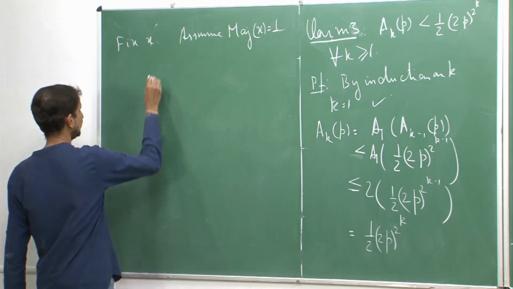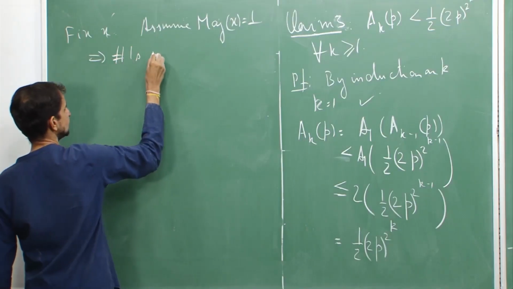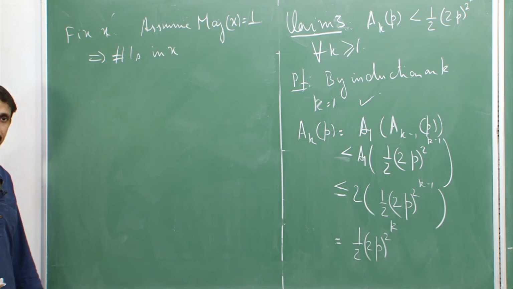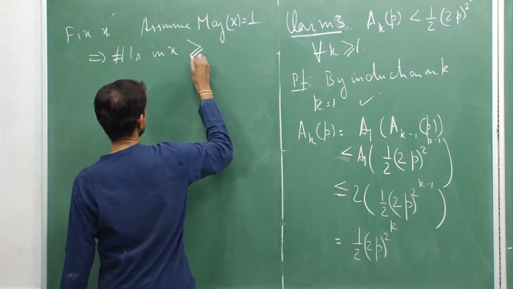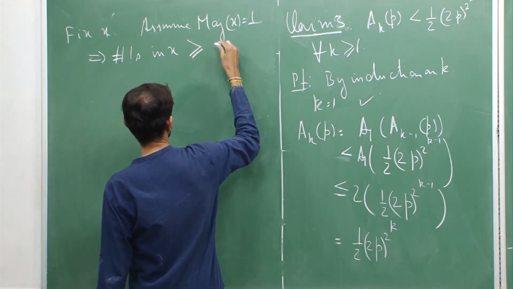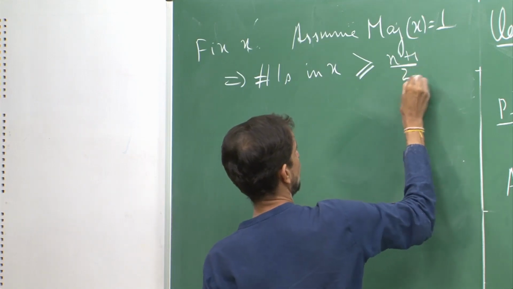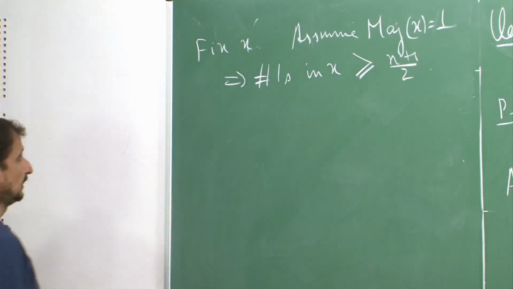What does that mean? That means that the number of ones in x is greater than half, right. And assume that x is odd, the length of x is odd. So, the number of ones is greater than or equal to (n plus 1) by 2.